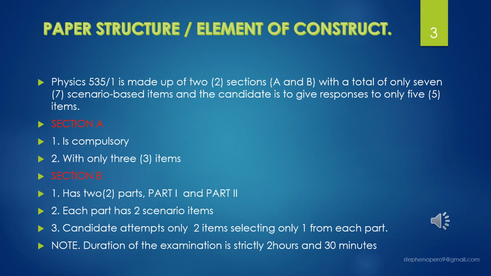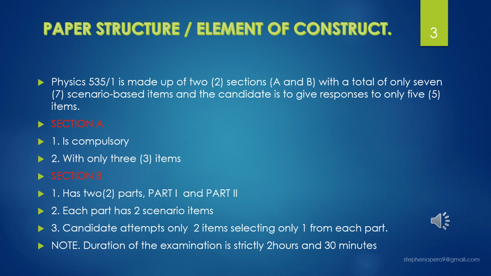A candidate who registered for this paper is expected to respond to only 5 items, and any additional item will not be marked. Just like we agreed, there are 2 sections.